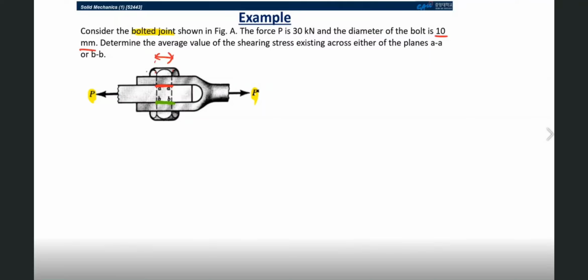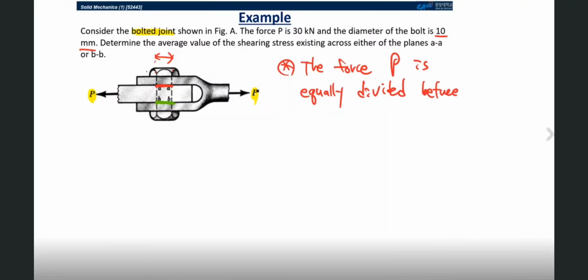Okay? So, this is the first step. We have to assume that P is equally divided between section AA and section BB.